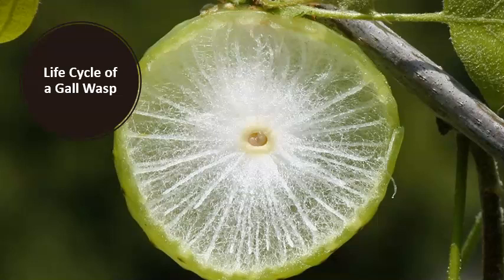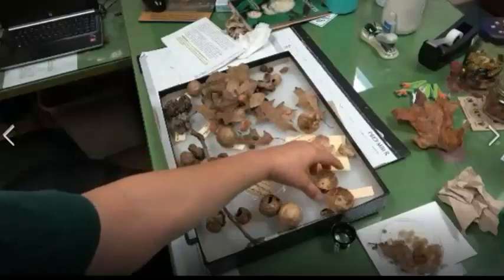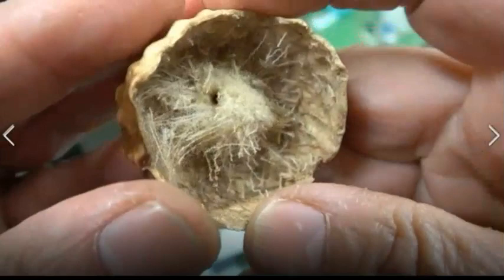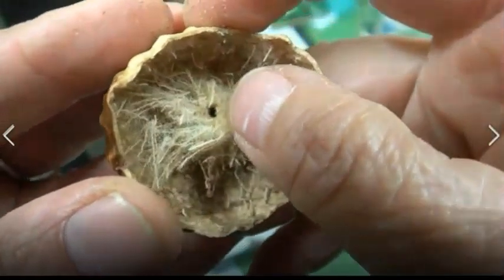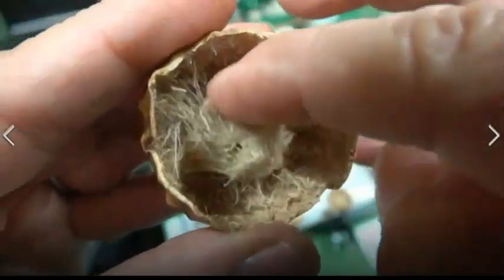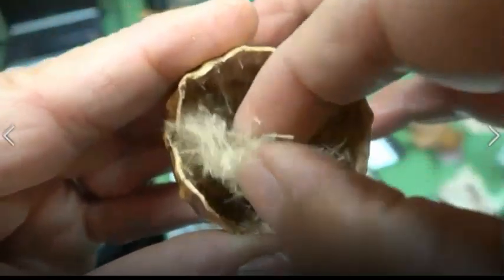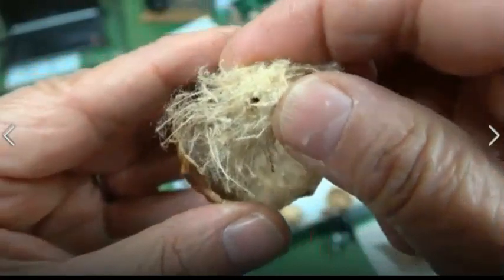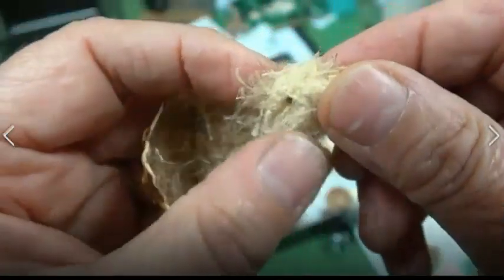You can see the larva in the middle inside the kernel. And this is how it looks inside after the larva emerged from the apple oak gall. And that little hole is where it came out.